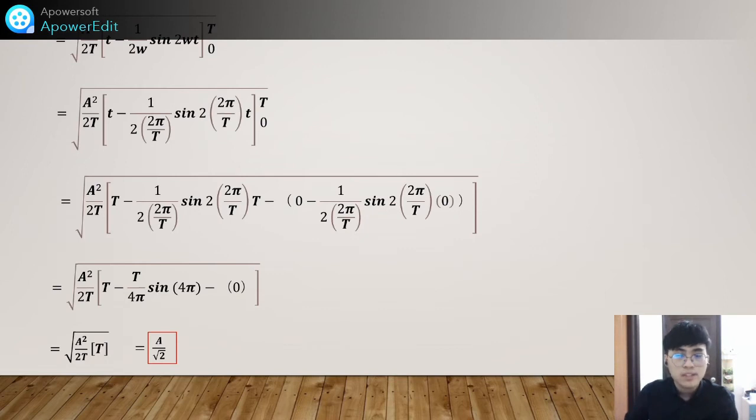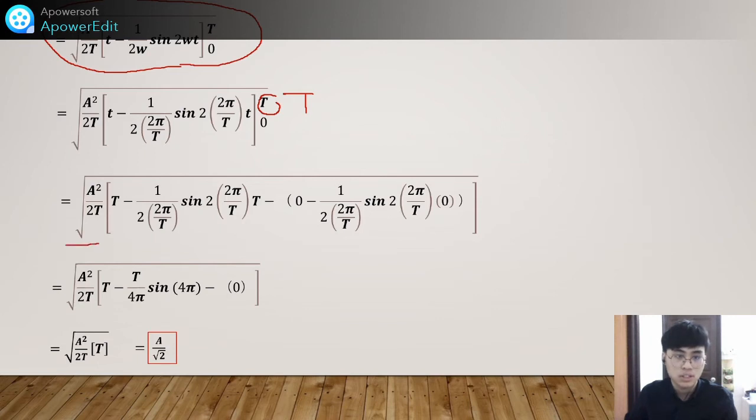So after we have done the integration, we will get the new equation. Since we already know that omega is equal to 2 pi over T, where the uppercase T means the period of the waveform, we express omega as 2 pi over T, and now we substitute the uppercase T into the lowercase t, and we substitute 0 into the lowercase t again.